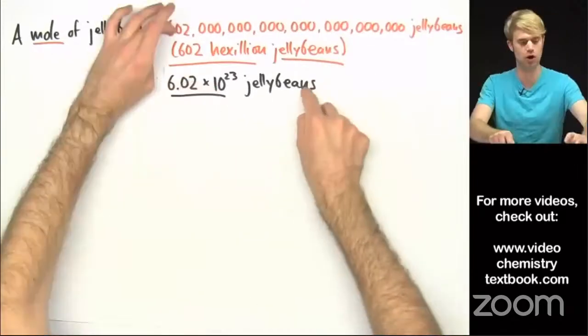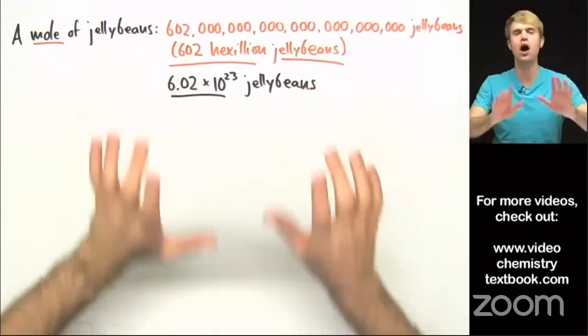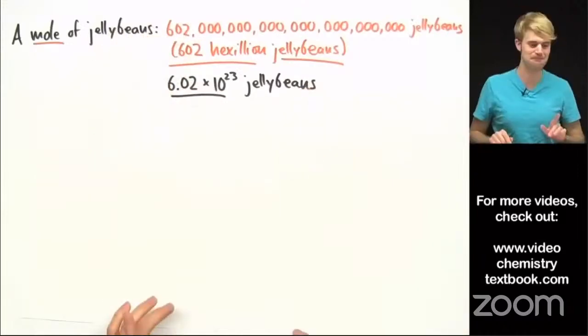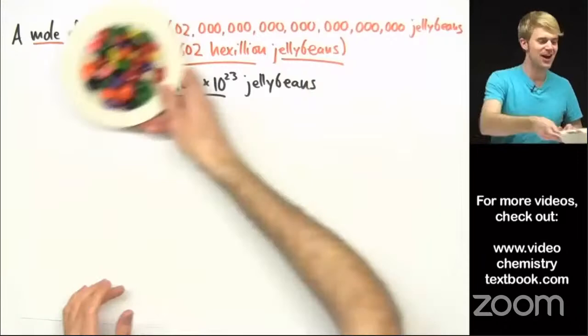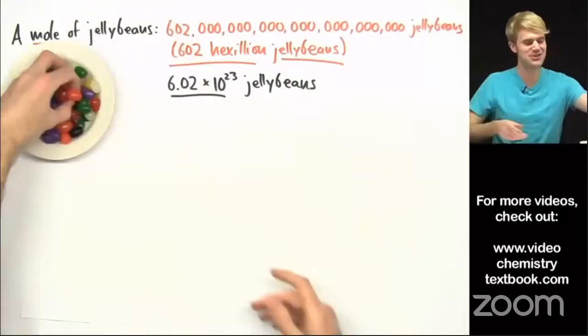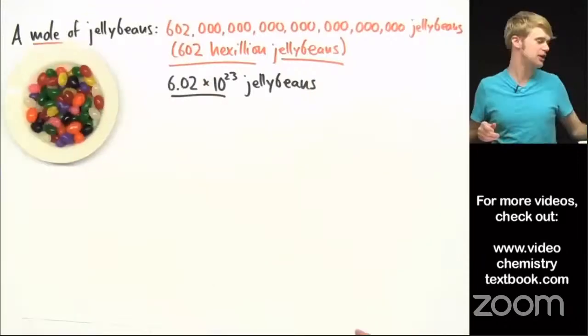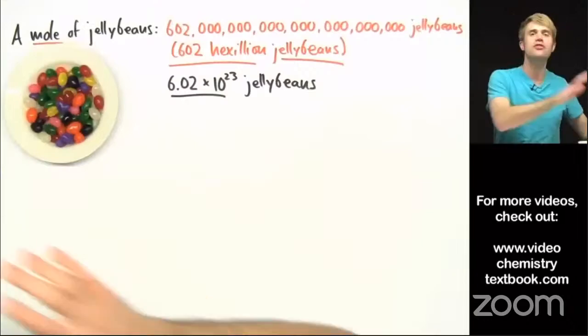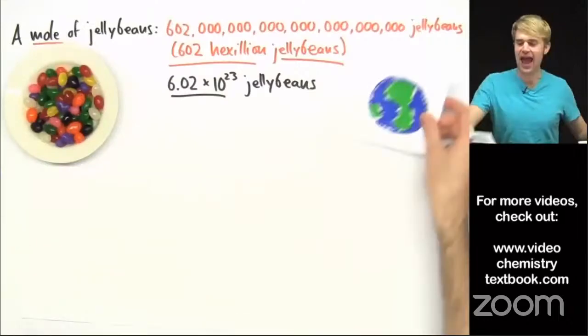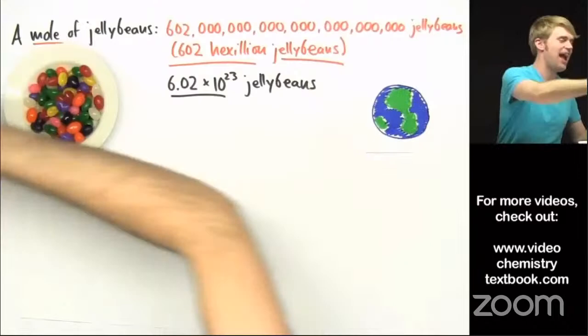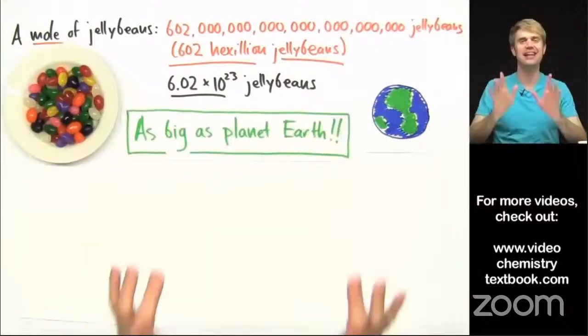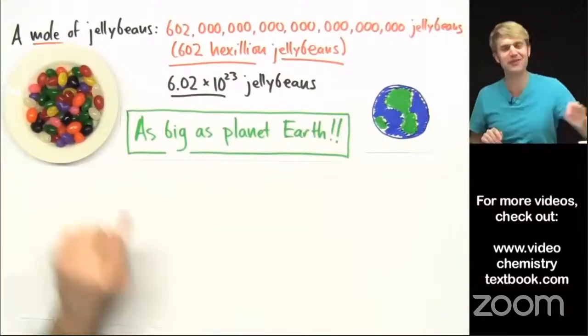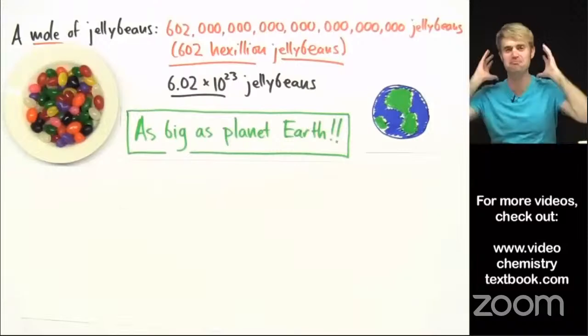These are all just 3 ways of writing the same number. Okay, if you had 602 hexillion jelly beans, that would be as large as the entire planet Earth. A mole of jelly beans would be as big as the planet Earth.